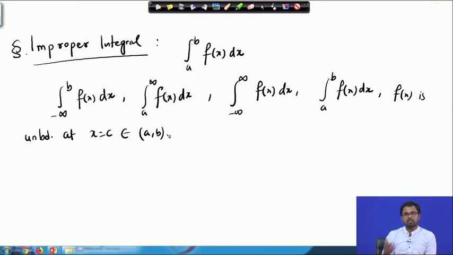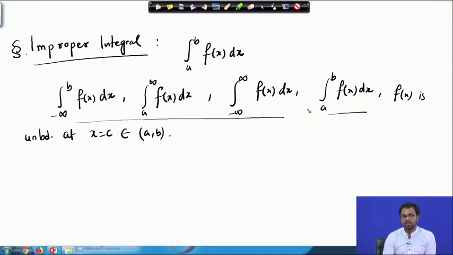Do you see that? What I mean is that there is some kind of issue either with the limit points, like in the first three sets of definite integrals, or with the function itself in the given interval.